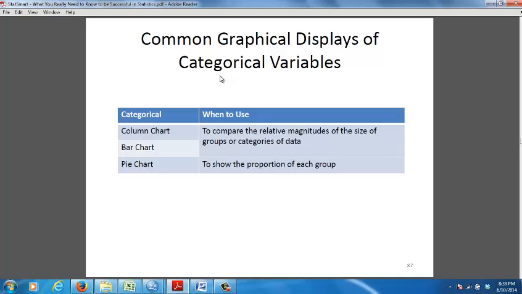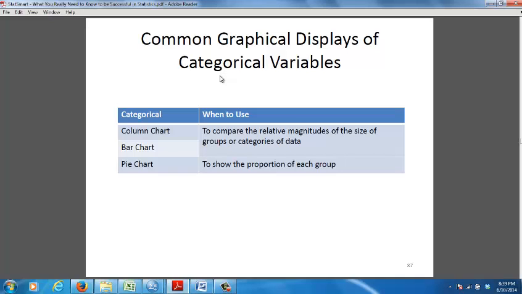But here are some of the common graphical displays that you'll see for categorical variables. Okay? You have a column chart, a bar chart, and a pie chart. A column chart is what we would commonly refer to as a bar chart, with the bars going up and down. The bar chart goes from left to right.